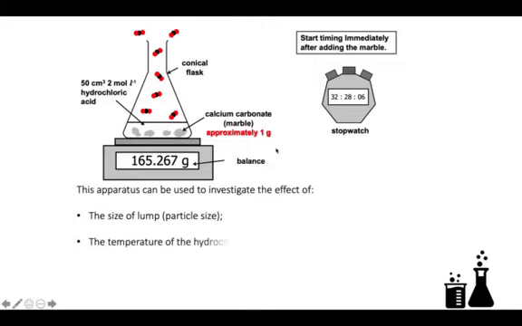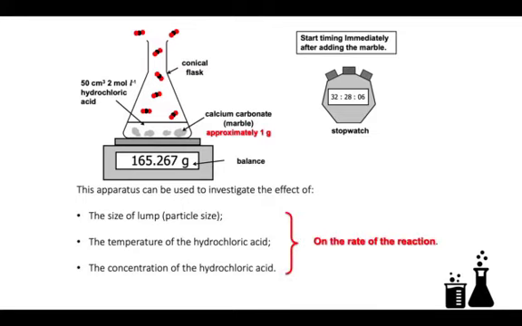It can be used to investigate the effect of the temperature of the hydrochloric acid, and it can also be used to investigate the effect of the concentration of the hydrochloric acid on the rate of the reaction, of course. All right. So hopefully that makes sense. So that's the loss in mass examples that you will see in the National 5 chemistry course.